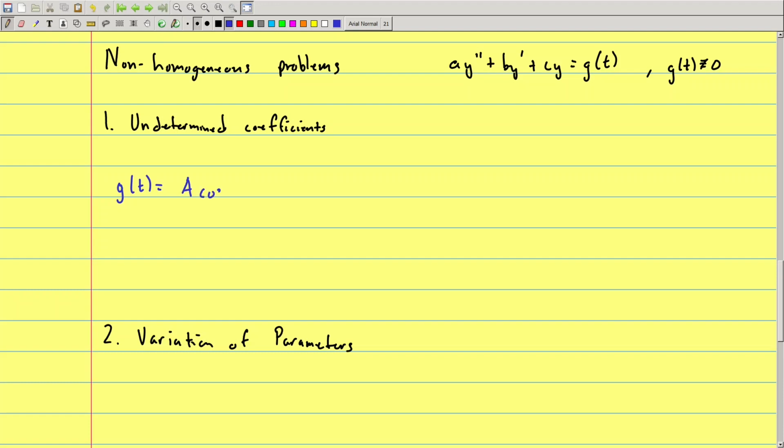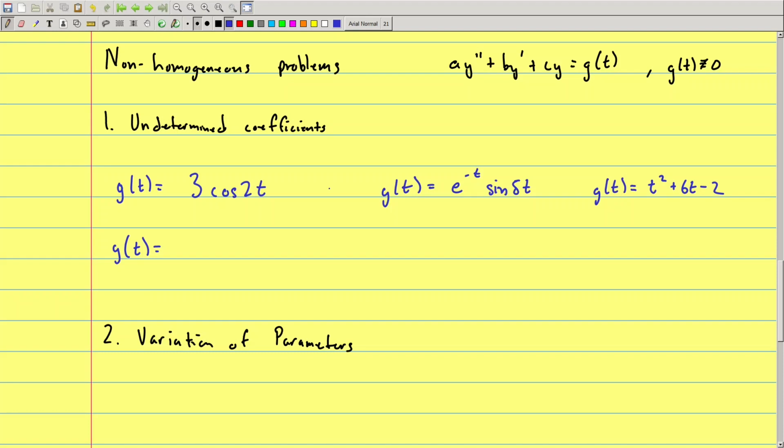That means that we would have a right-hand side that looks something like this. 3 times cosine 2t, or e to the minus t sine 5t, or a polynomial on the right-hand side, or what other kinds of things?